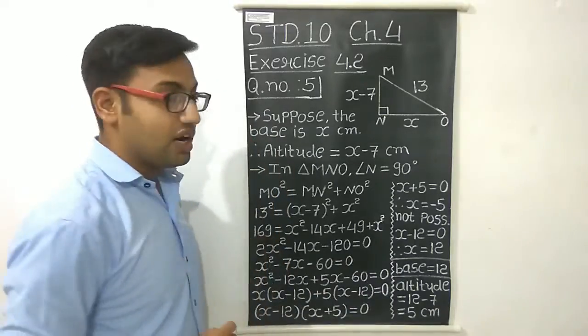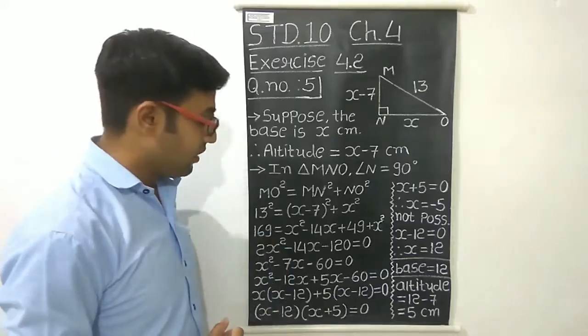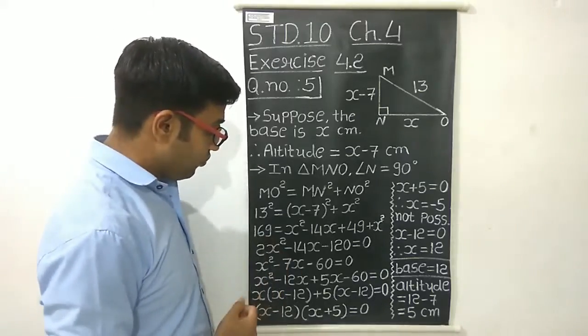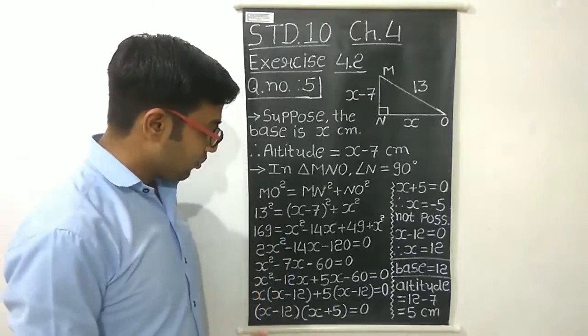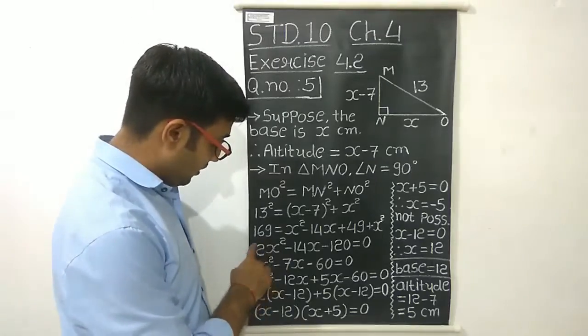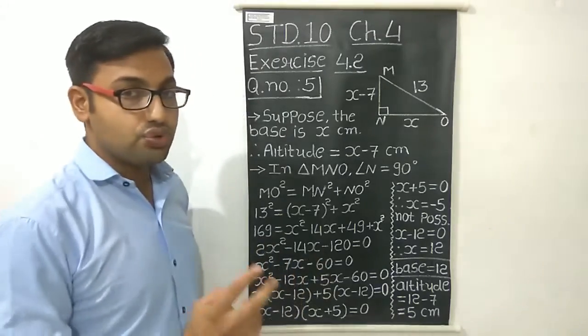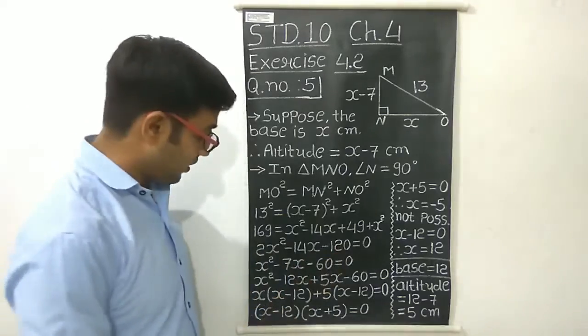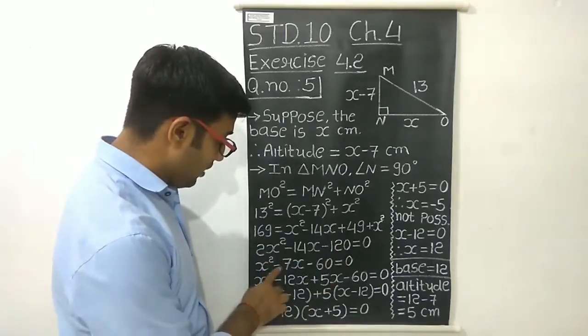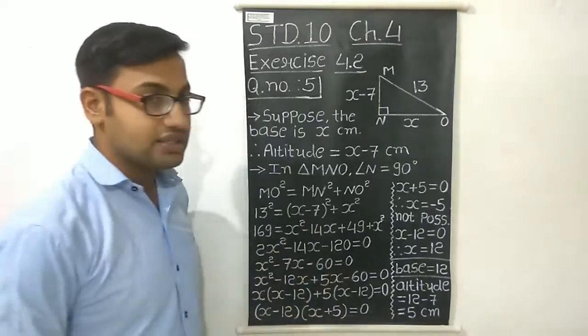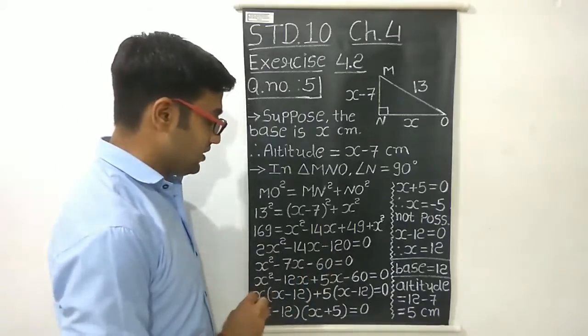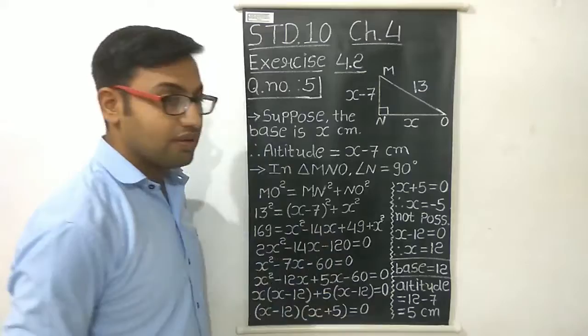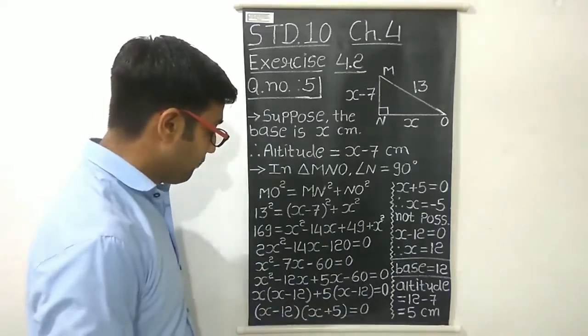Now we will solve this quadratic equation by the factorization method. To do the next step, see here, all these three terms have 2 as a common factor. By cancelling out the 2, what remains is x squared minus 7x minus 60 equals 0. Now it is easy to factorize this by the splitting the middle term method.